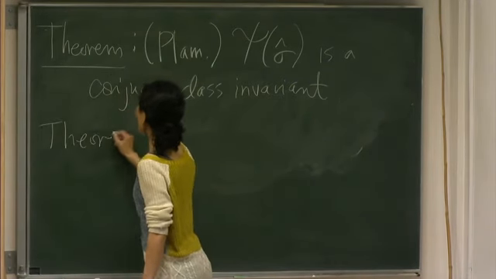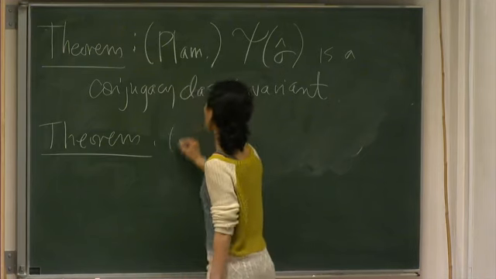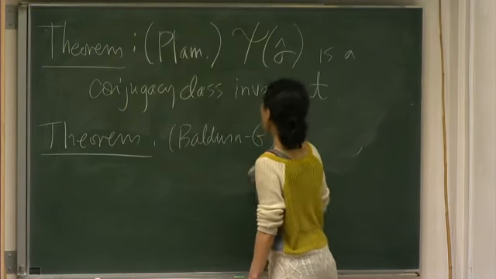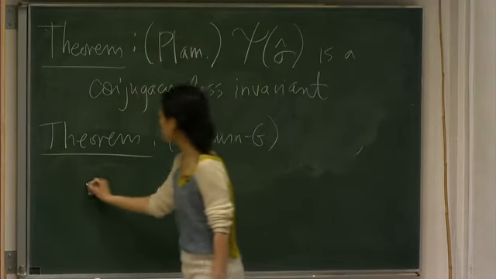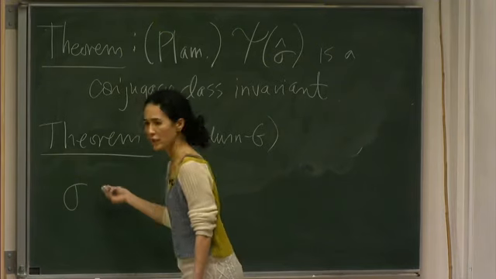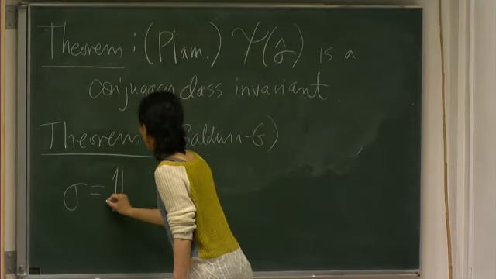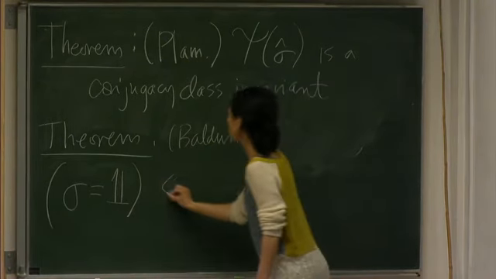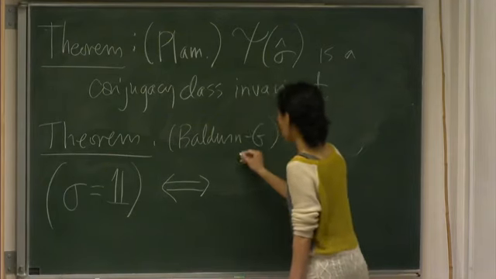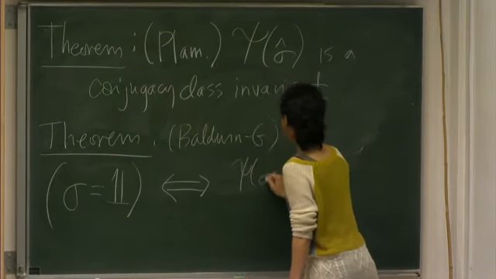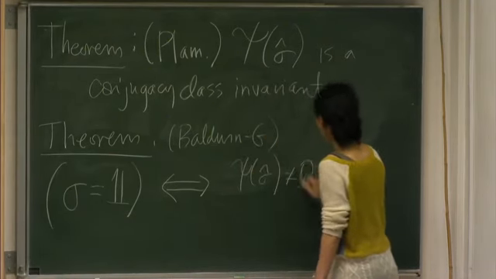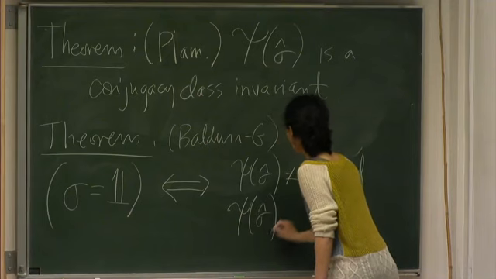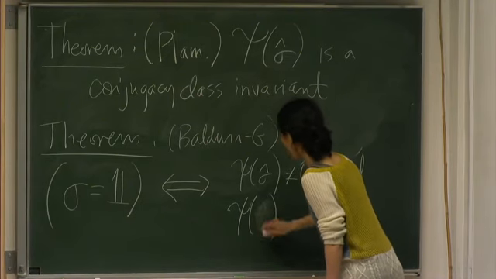But so what we're trying to do here is prove that sigma is conjugate to the identity braid, which is the same thing as being equal to the identity braid, if and only if Plamenevskaya's invariant doesn't vanish, and when you compute the invariant again for the mirror, it also doesn't vanish.